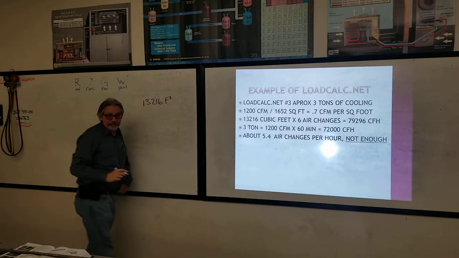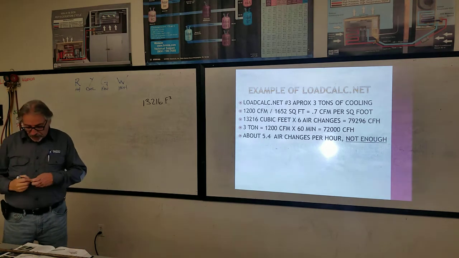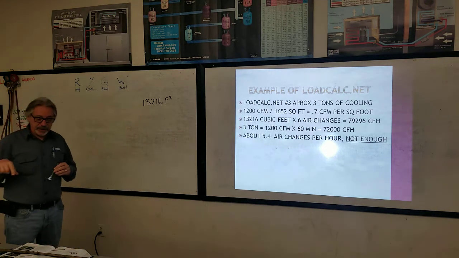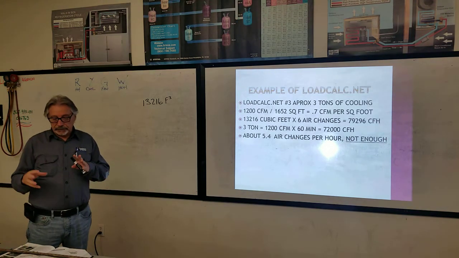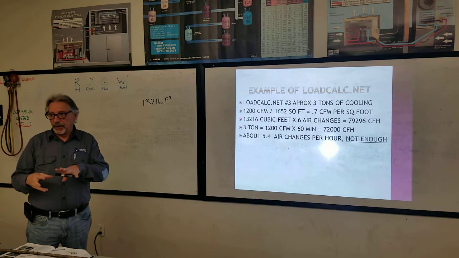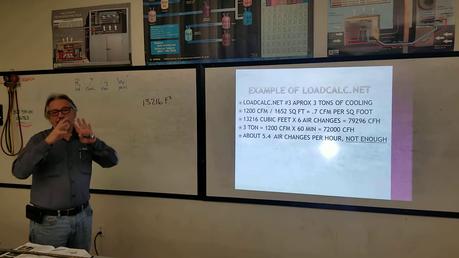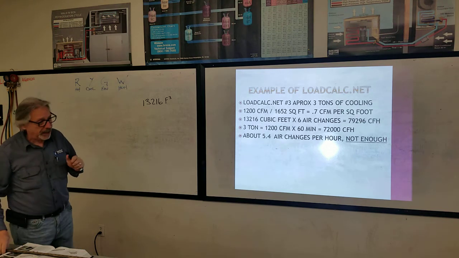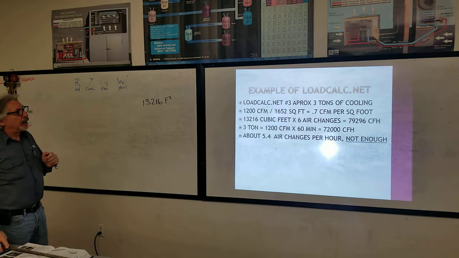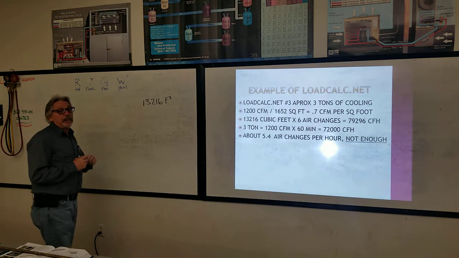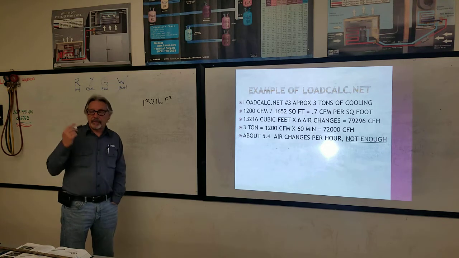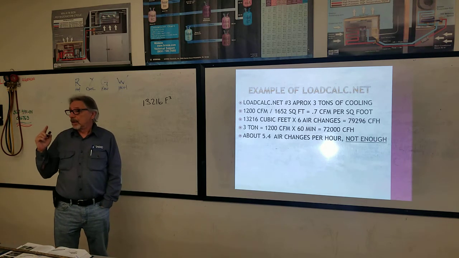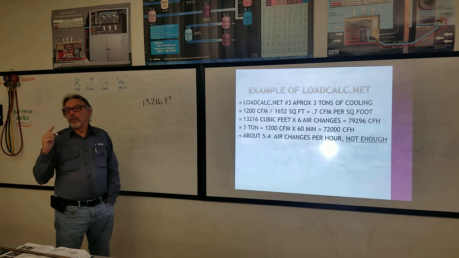In this area, which is the Central Valley, there's a map on there and it shows you what area you're in. It requires 2 minutes per air change. So you're gonna move that air out of that house and change that air once every 2 minutes.